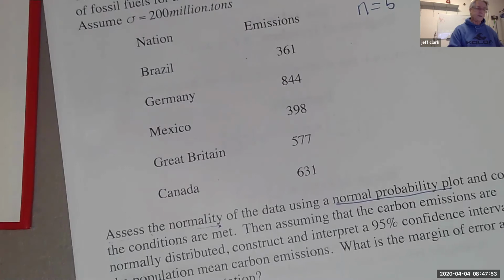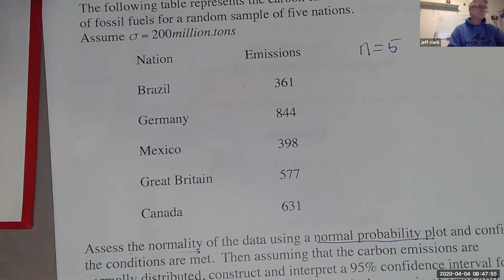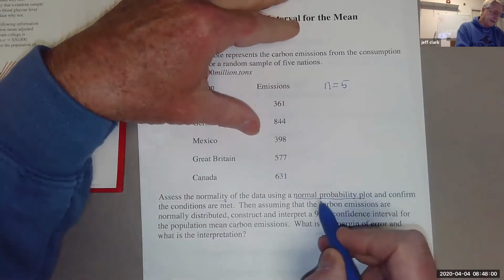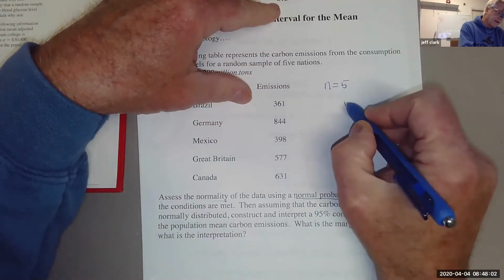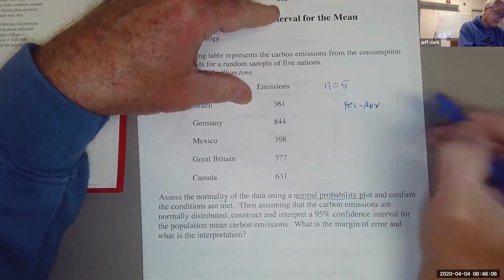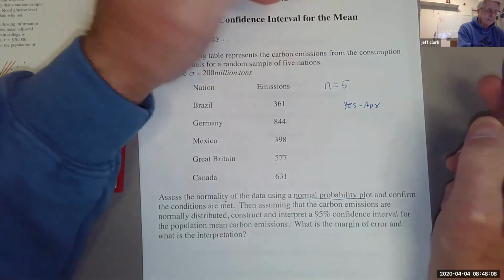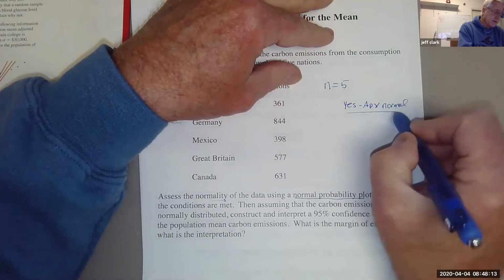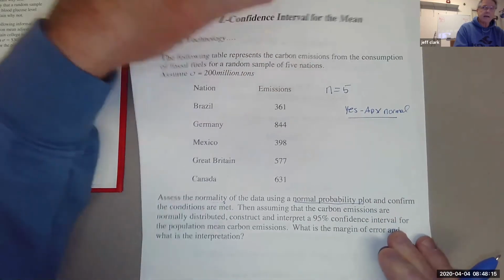All righty, let's go back to our problem. Now, is it normal? We'd say yes. We'll say approximately normal because we just don't know if it's exactly normal because it didn't line up. Approximately normal. So then we can proceed.